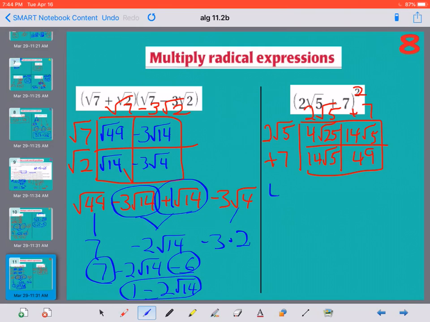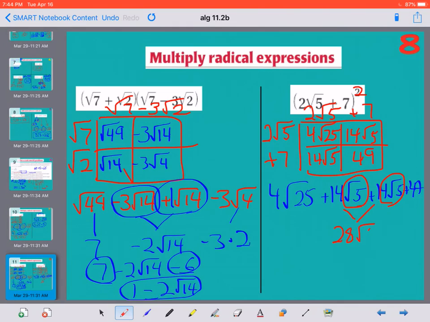So we'll have 4 times the square root of 25 plus 14 times the square root of 5 plus 14 times the square root of 5 plus 49. These two have the same ending. I'm going to add them up. 14 plus 14 is 28 times the square root of 5 plus 49.